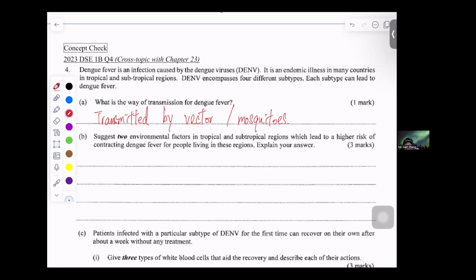What you will need to think about is, what would be the environmental factors in these areas, and how these environmental factors will affect the mosquito and also the overall population of the mosquito.